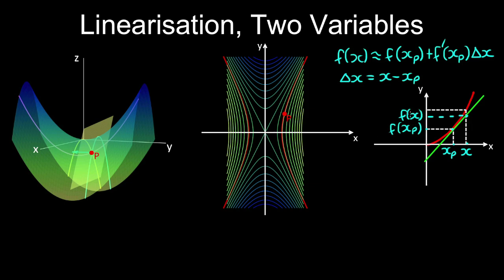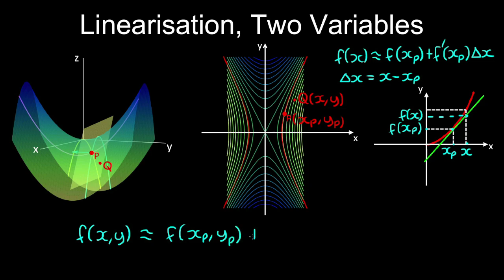Now we can extend this approximation to a function of two variables. So for example, if we move from point P, which has coordinates xp and yp, to a nearby point in the plane, which has coordinates x and y, then similar to a linear approximation to a function of one variable, we can approximate f at x and y using the value of f at point P, which has coordinates xp and yp, plus the partial derivative with respect to x evaluated at point P by delta x.